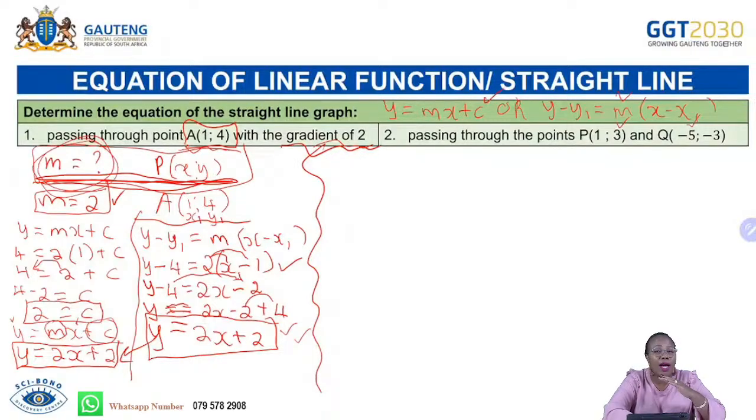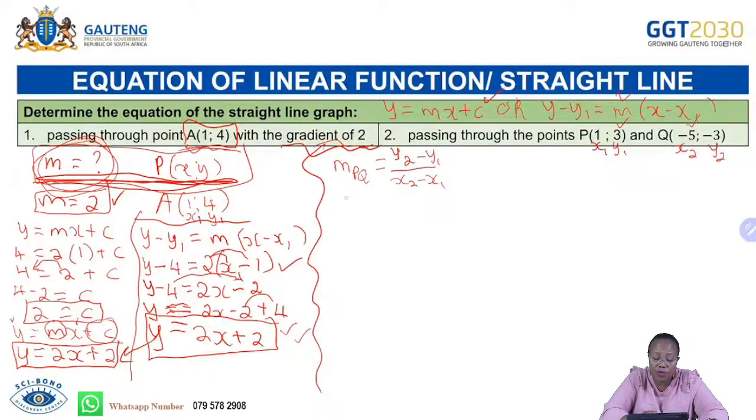So grade 12, you can't do anything until you have this gradient. You must start by finding the gradient of PQ, using the equation of the gradient: y2 minus y1 over x2 minus x1. This will serve as x1, y1 and this will be your x2, y2.